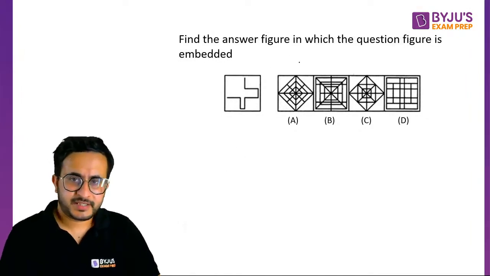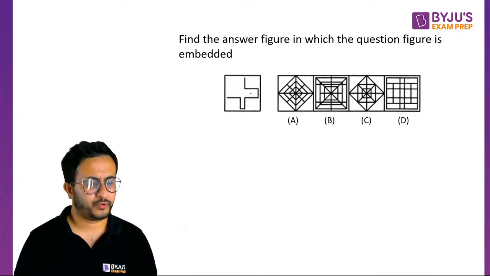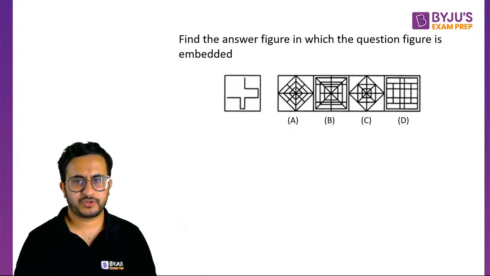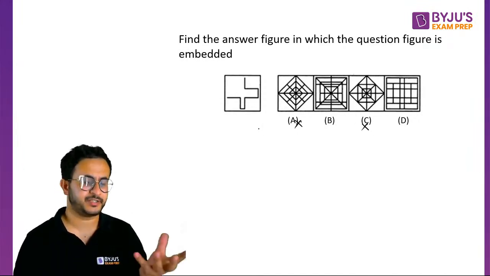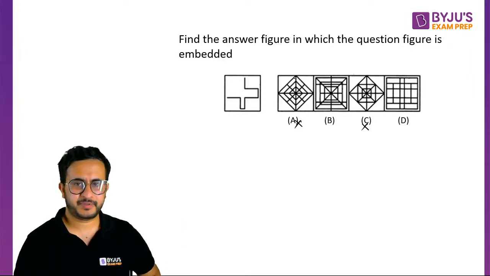Okay, so let us see this. Now, as I said, you should not rotate the figure, right? So in this we do not have any straight line like this, vertical or horizontal lines. So you can eliminate this. Similarly, we can eliminate C also. So two options get eliminated.